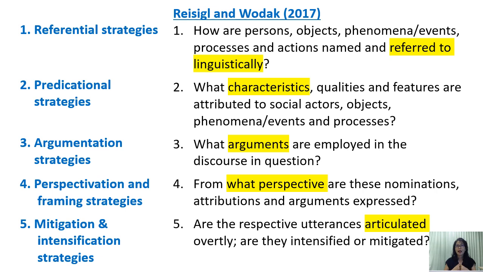And 3, argumentation strategies, what arguments are used in the discourse. And 4, the perspective of the reference and also the predicational strategies and the arguments. And number 5, mitigation and intensification strategies. Do we emphasize something, or do we do hedging to minimize the illocutionary force of the utterances?